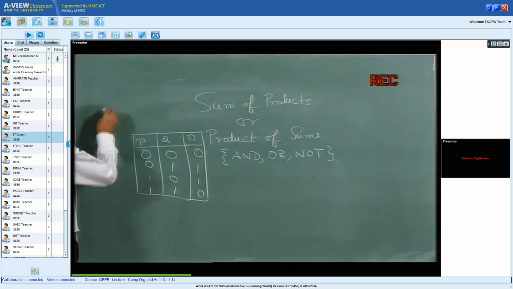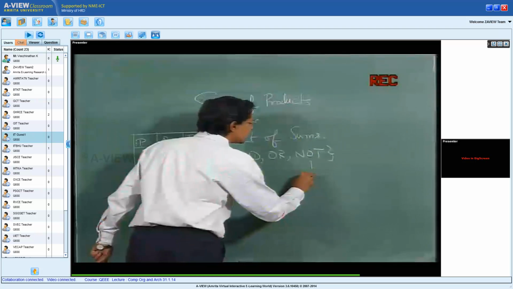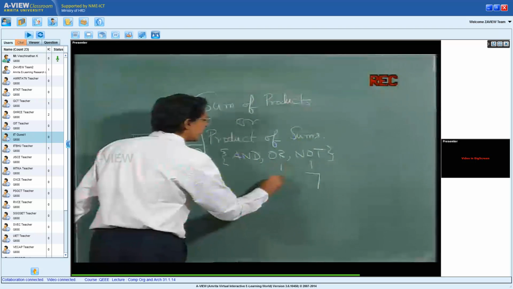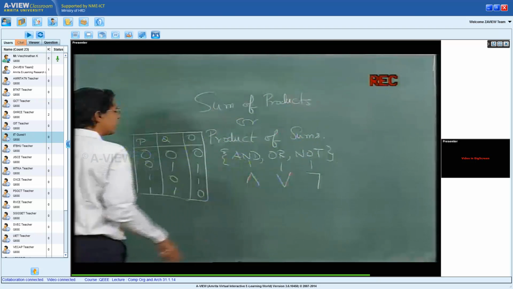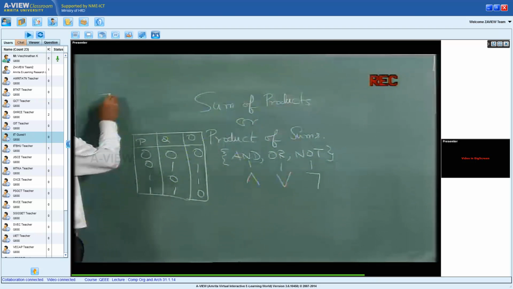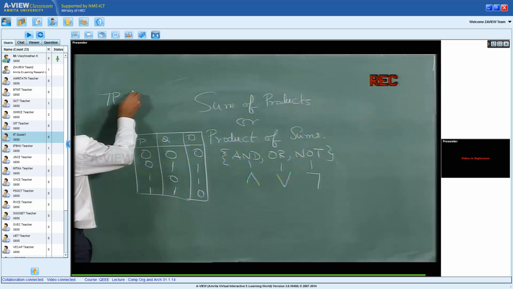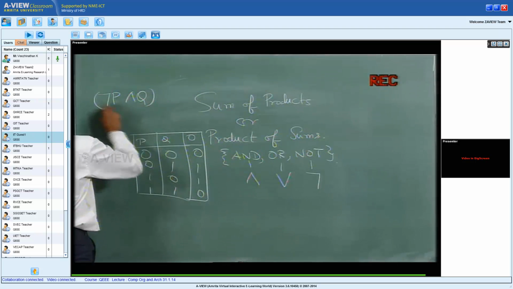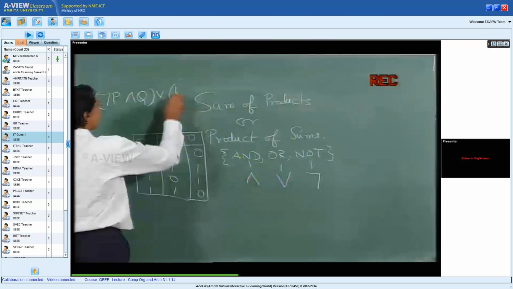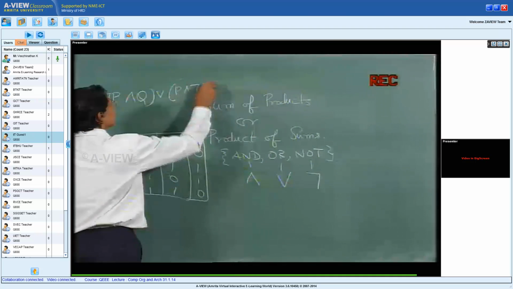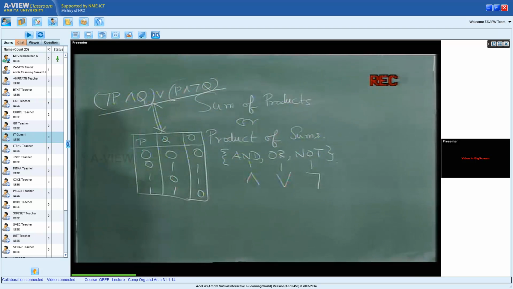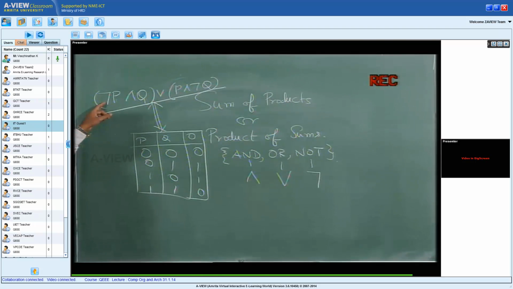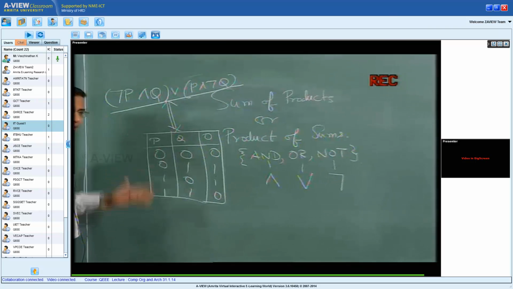So this can be realized as, let this symbol stand for NOT, this symbol stand for OR, and this symbol stand for AND. So this can be realized as not P and Q or P and not Q. So essentially I can realize this function using just the AND, OR and NOT gate.